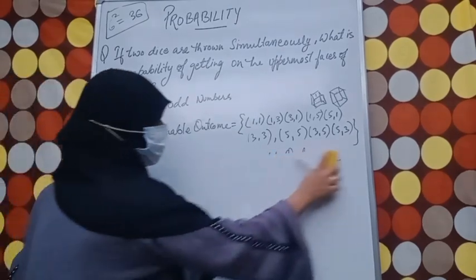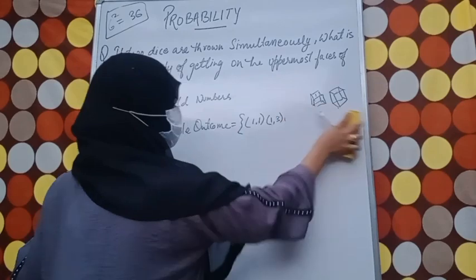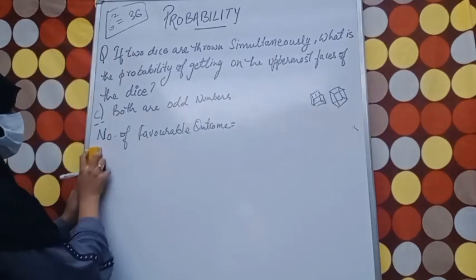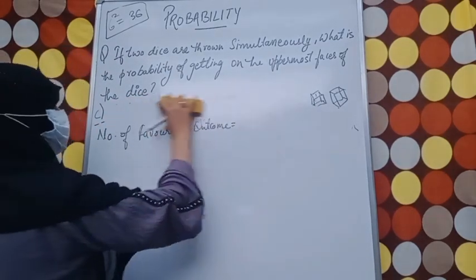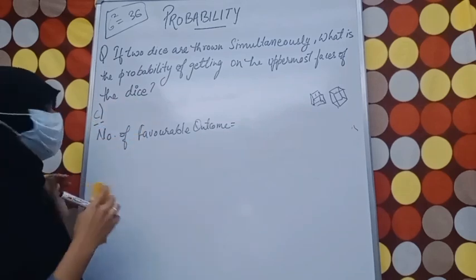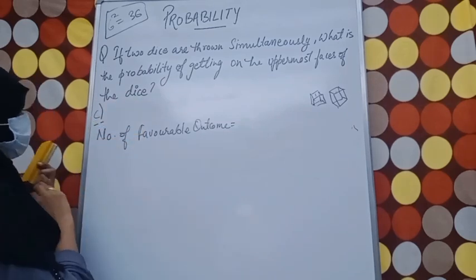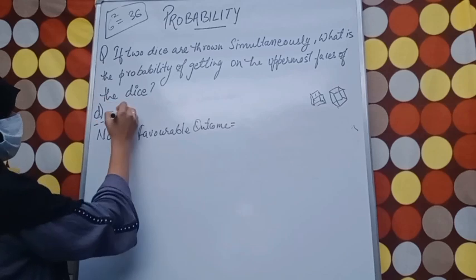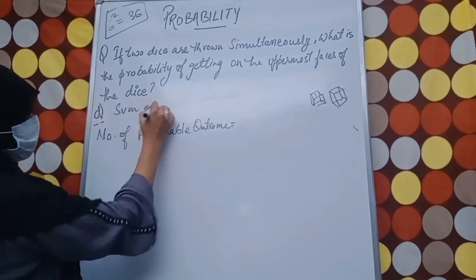Let's do one more part, so let me change the question over here. Let's have a sum of something. Let's say this is the D part, sum of 7.